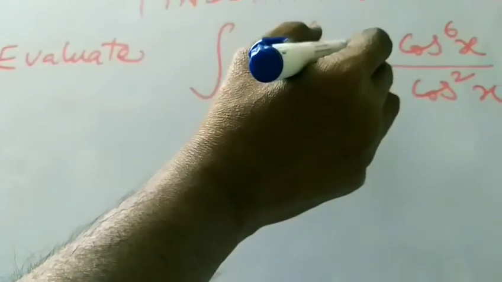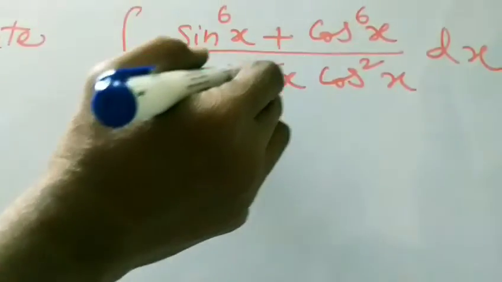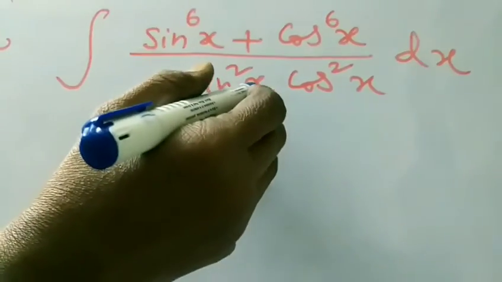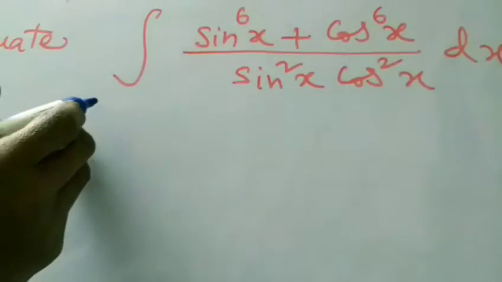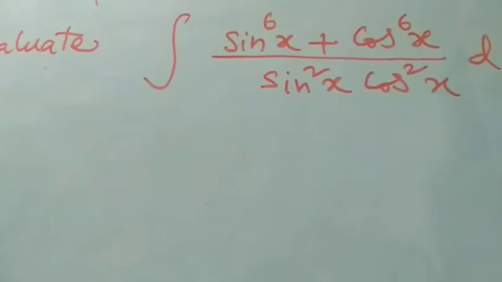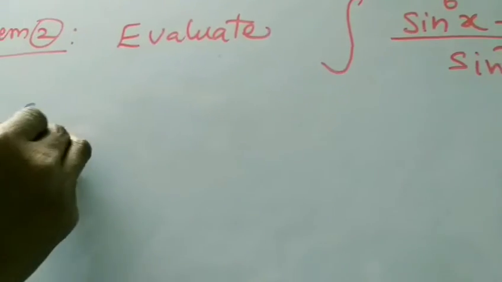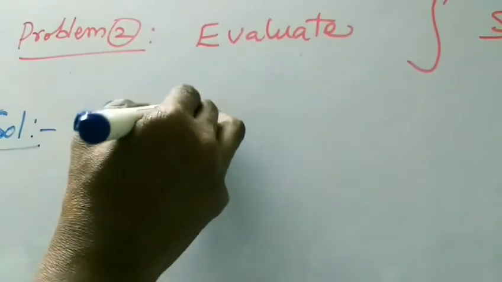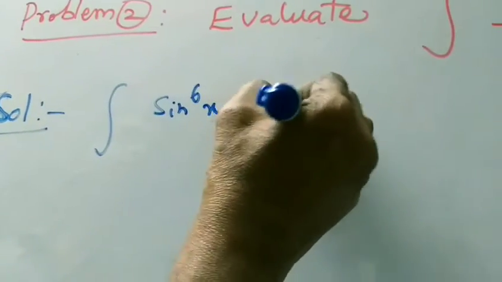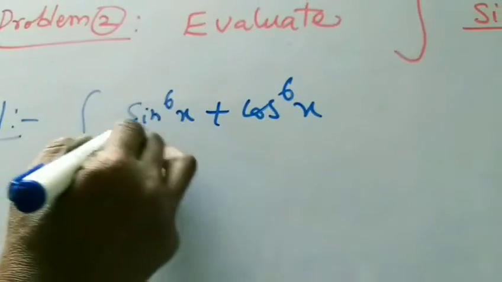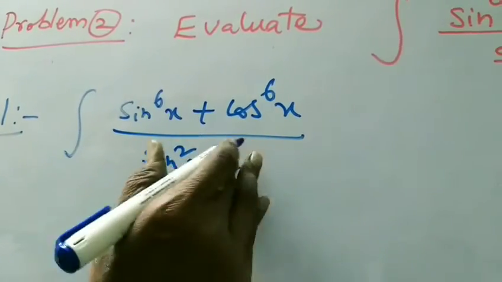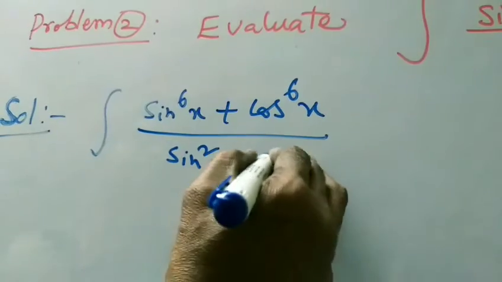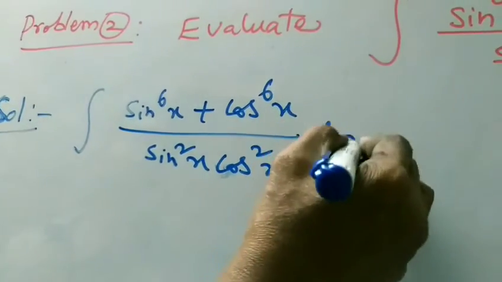So the given problem is the integral of sin to the power of 6x plus cos to the power of 6x, whole divided by sin square x into cos square x dx.